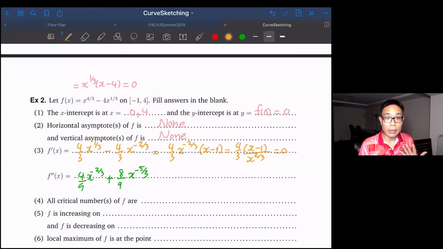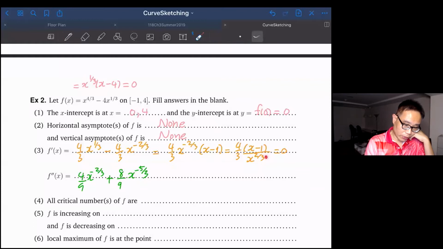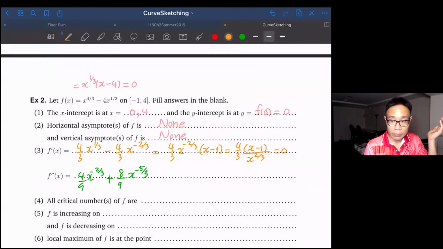So you would get x equal to 1, but wait, you see that on the bottom, the derivative does not exist at x equal to 0. That will be the candidate for the critical numbers also.